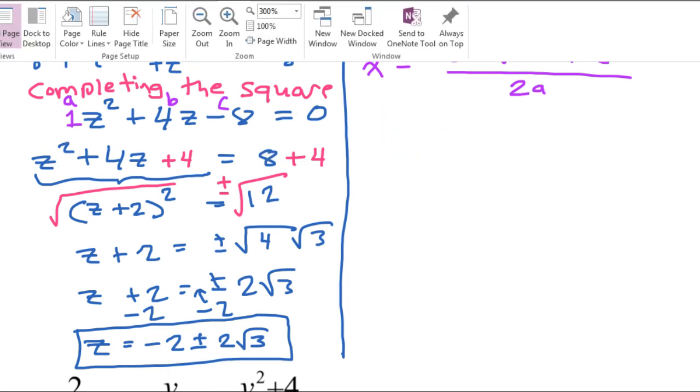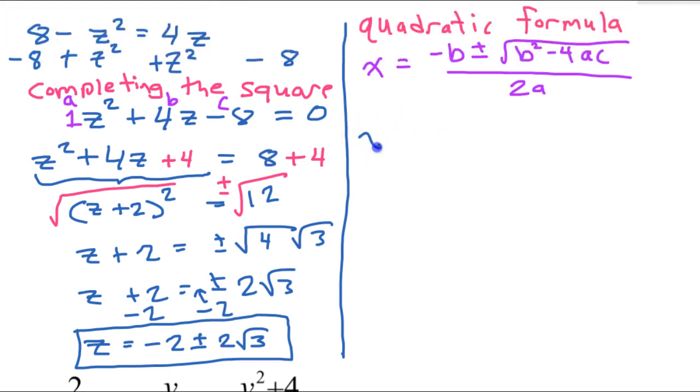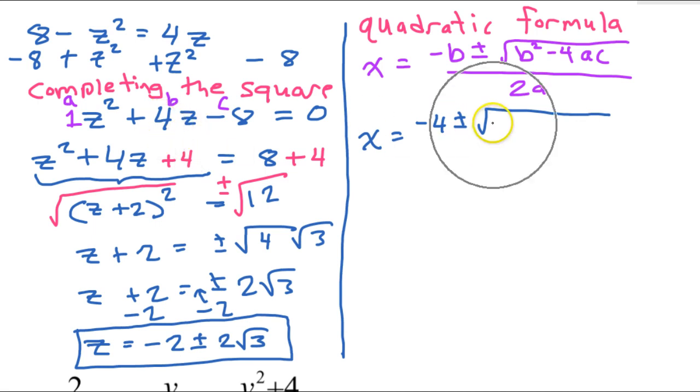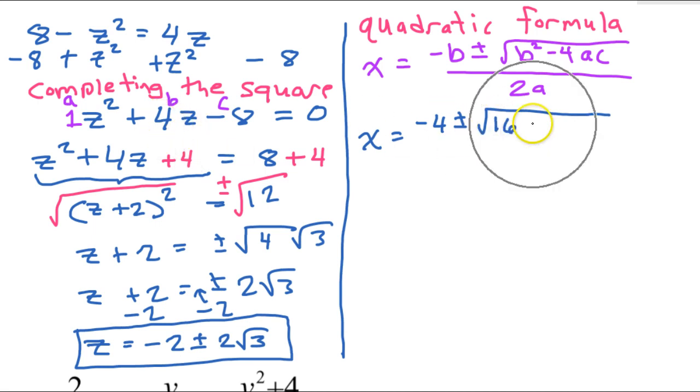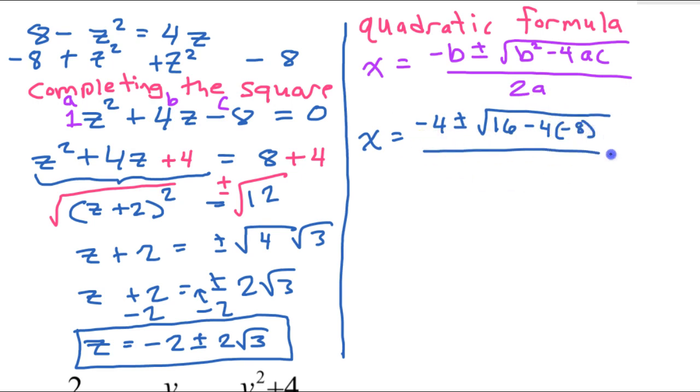So that means x will equal the opposite of b, so that'll be negative 4, plus or minus the square root of b squared, so that'll be 16, minus 4 times a, well that's 1, so I don't need to write that down, times c, which is negative 8. Okay, all over 2a, well 2 times 1 is just 2.